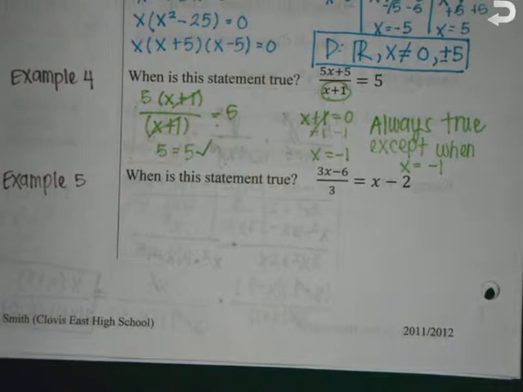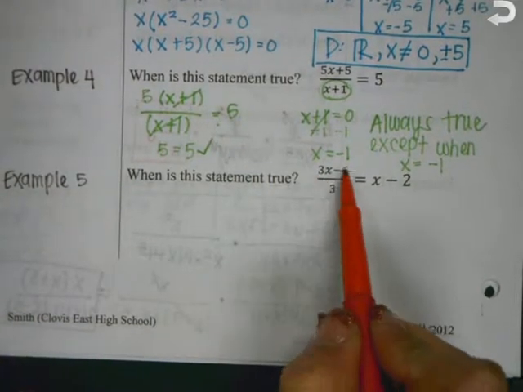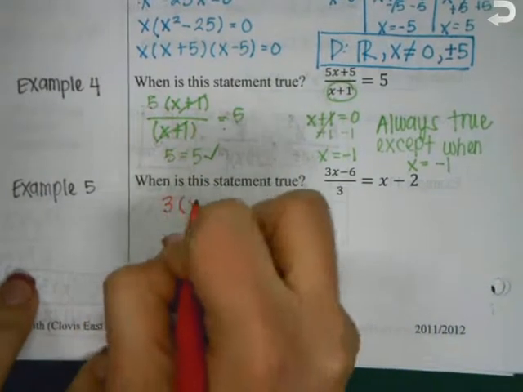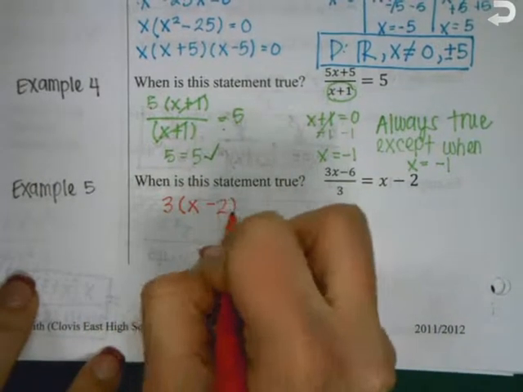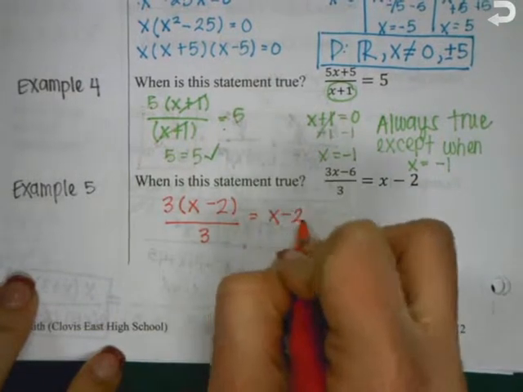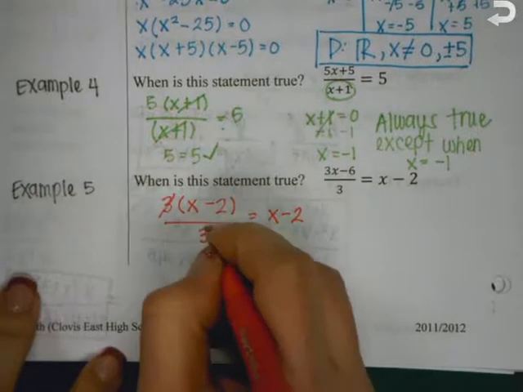There's a GCF of 3, so we're going to take out the 3, and that leaves us with x minus 2 over 3 equals x minus 2. Okay, now what? Now those cancel. So I'm left with x minus 2 equals x minus 2.